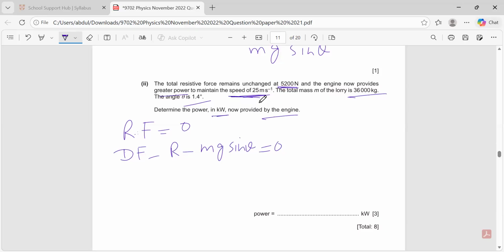So driving force, my dear friends, I can write this driving force is equal to, on other side, minus will become plus, so 5,200 plus mass. Mass of the lorry is 36,000, times g, which is 9.81, times sine what? 1.4 degrees.